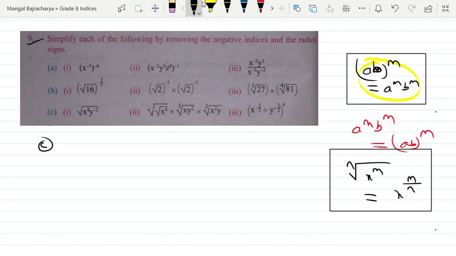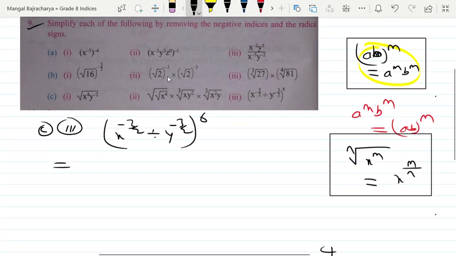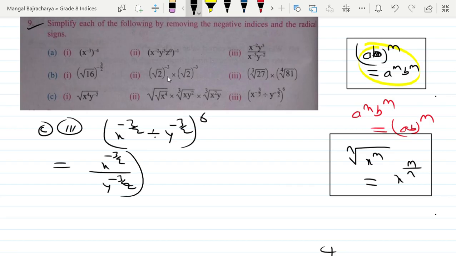Now in number 3, there is x power minus 3 by 2 divided by y power minus 3 by 2, and whole power 6. So first we write it using the over sign: x power minus 3 by 2 over y power minus 3 by 2, and whole power 6.